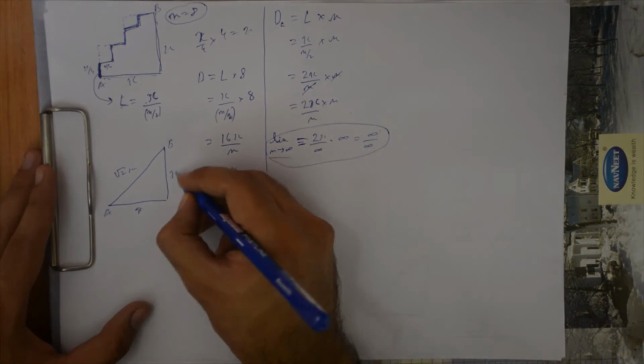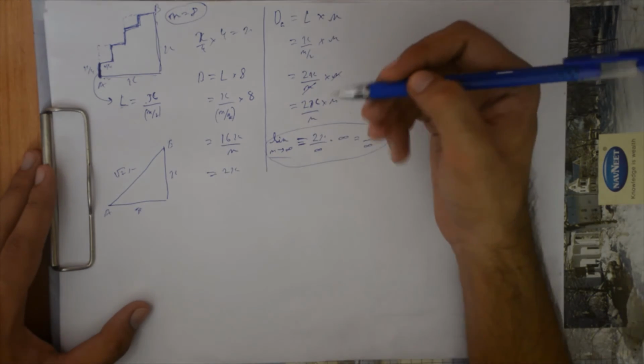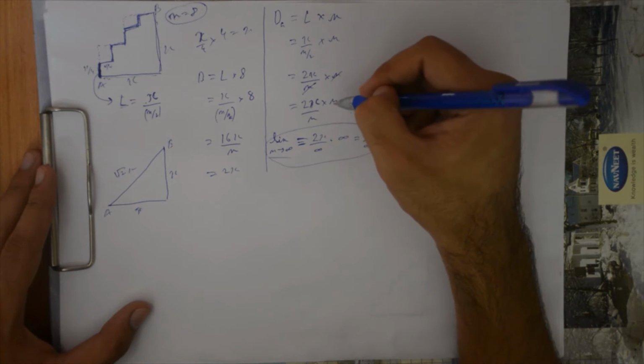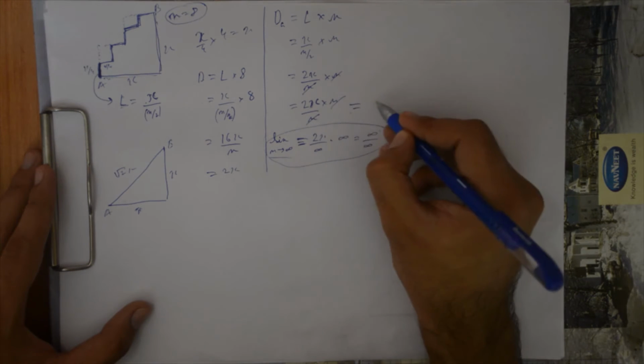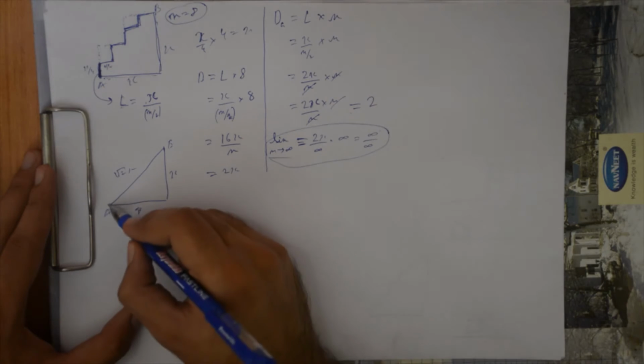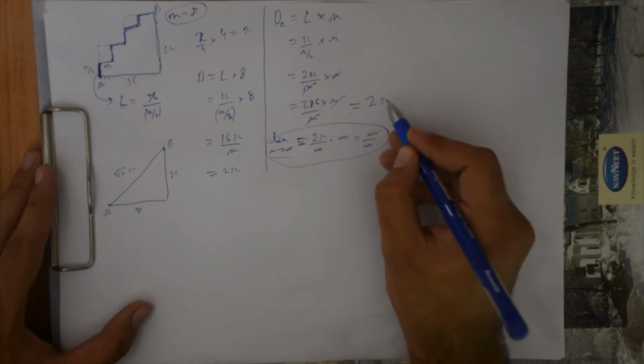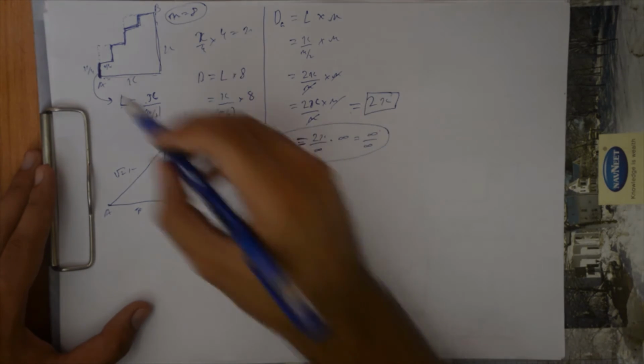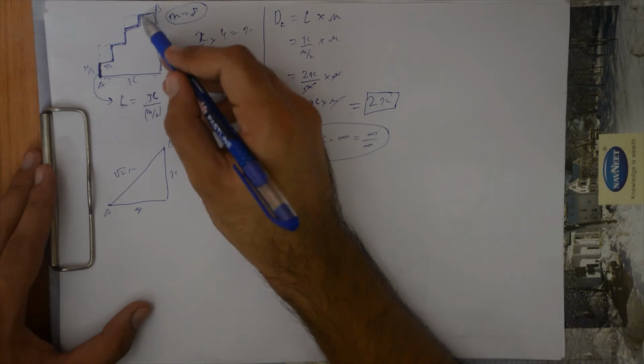But it turns out from the equation that there is no role of n, and thus the total distance from point A to point B is always 2x, no matter how many steps we create in between.